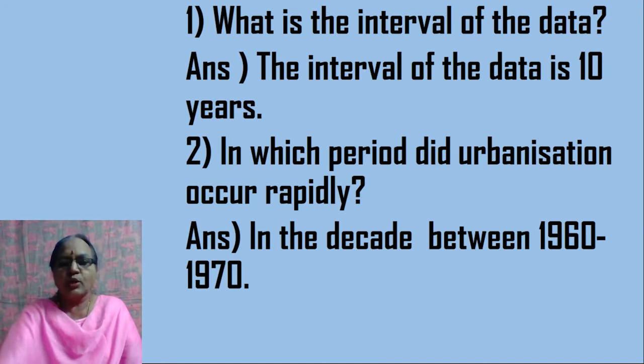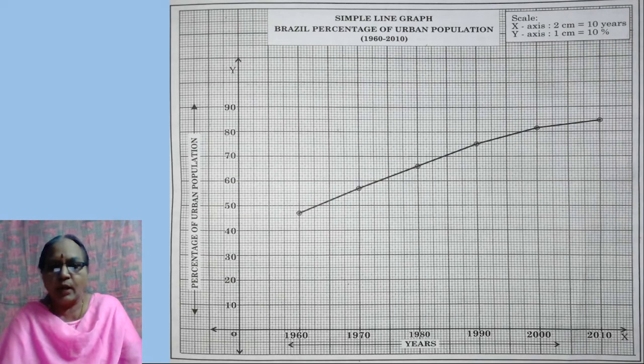Let's go back again. From 1960 to 1970, in 1970 what was the percentage of urban population?